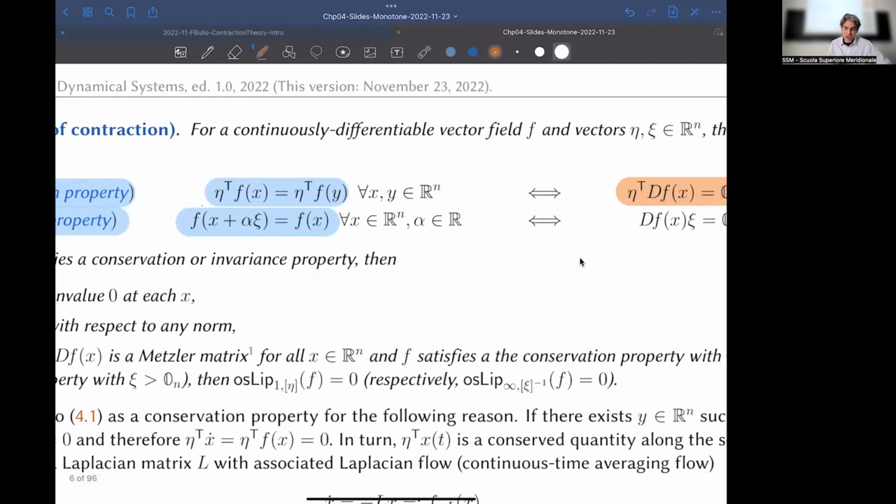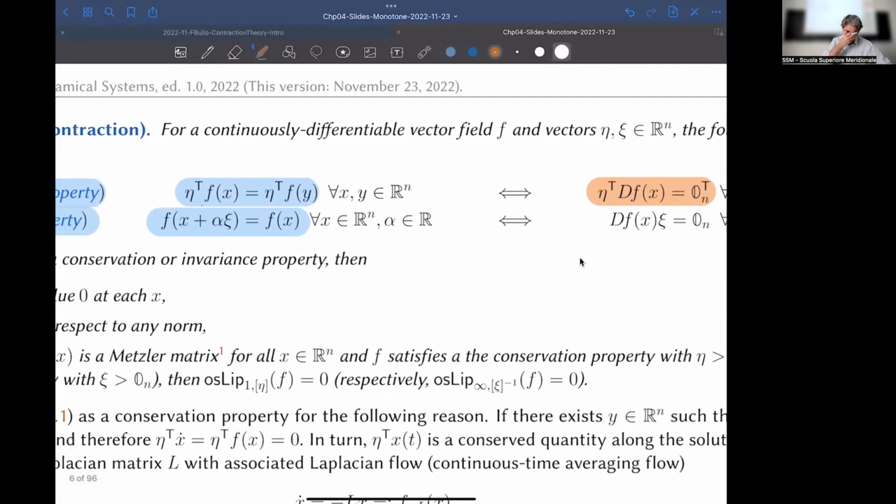Why is that? Set y equal to x plus h. Bring one to the other side, then you have eta transpose, f at x plus h minus f at x. Divide by h, take the limit as h goes to 0, and you get the Jacobian of f.